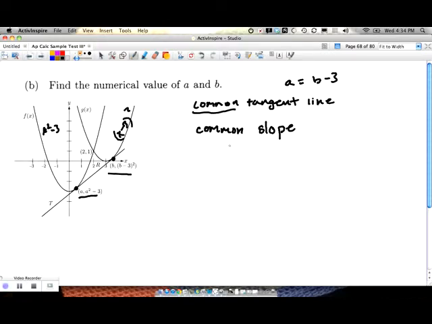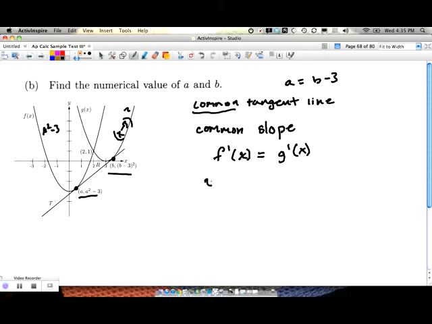Well, let's go about trying to figure that out. If I say that f prime of x has to equal g prime of x, I can actually figure out what that's going to be. It's got to be the same slope at each of these 2 places here. So let's figure out what that slope would be.